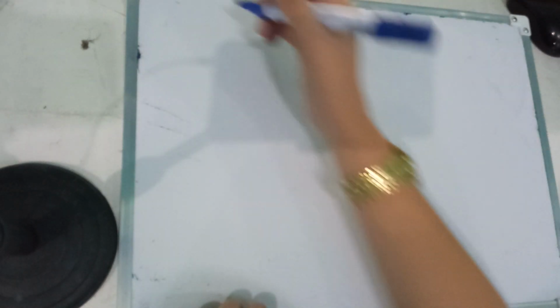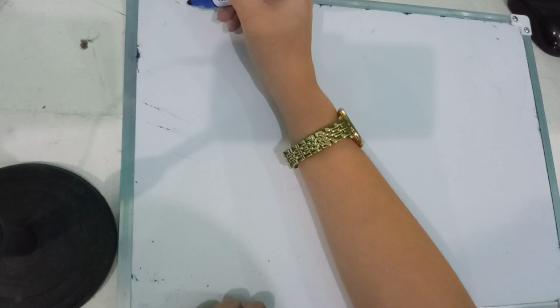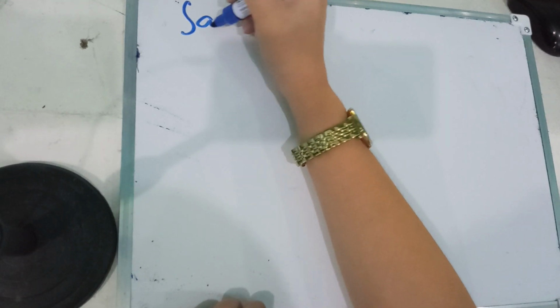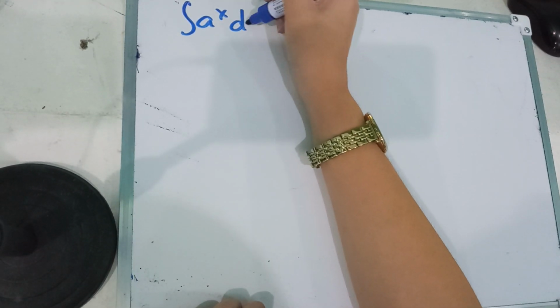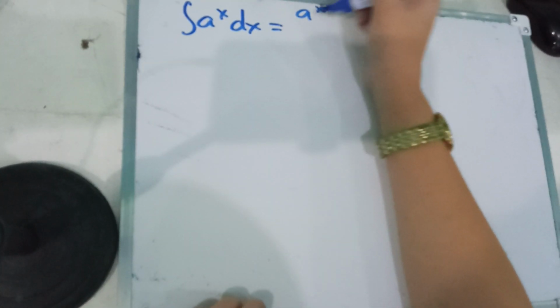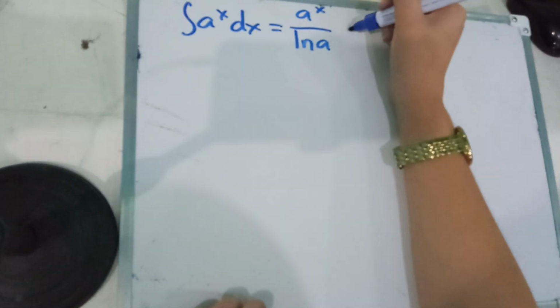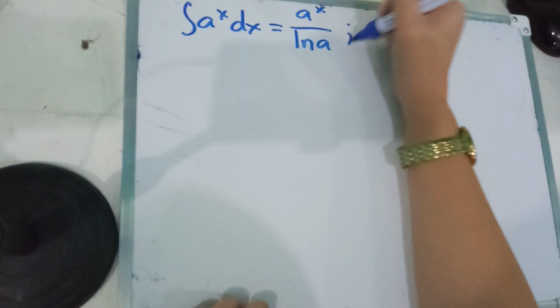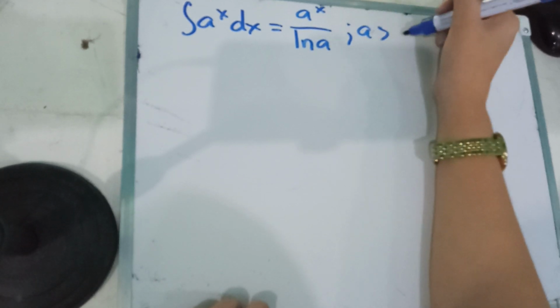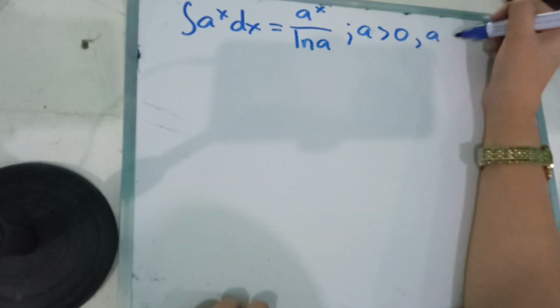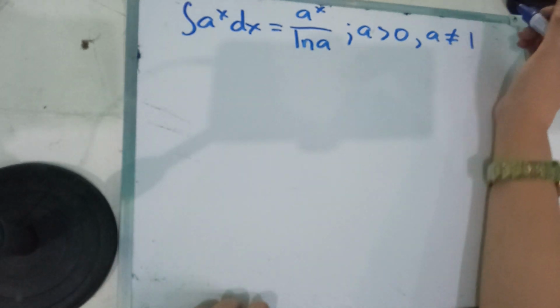Now let's have an example for the integral of a constant raised to a power. So going back, the rule was the integral of a to the power of x dx is equal to a to the power of x over the natural logarithm of a, such that a is greater than 0, a is not equal to 1.